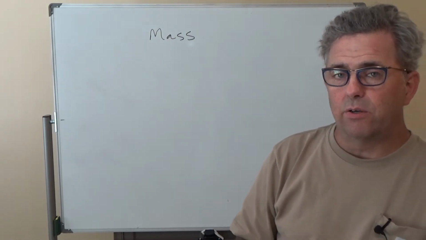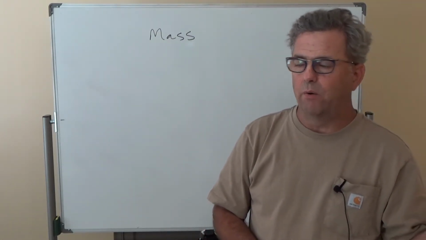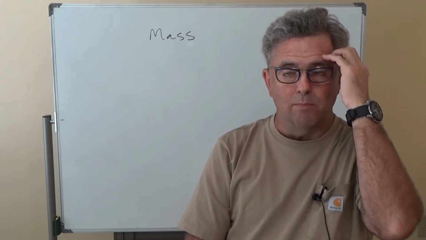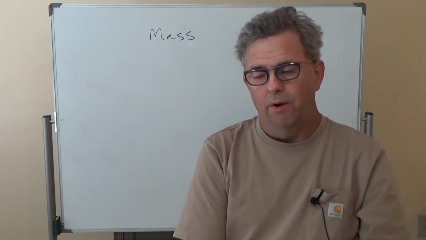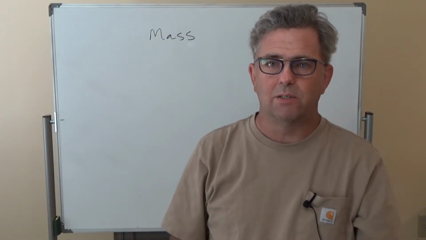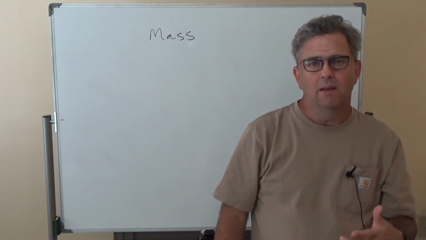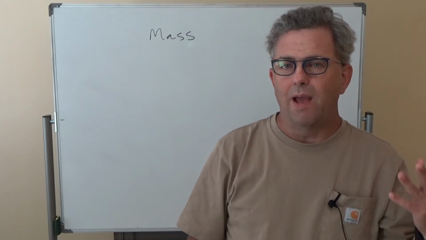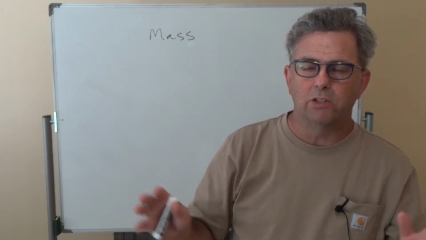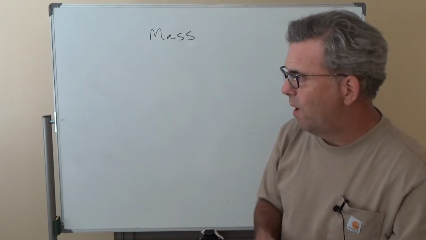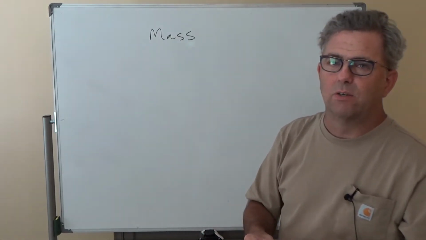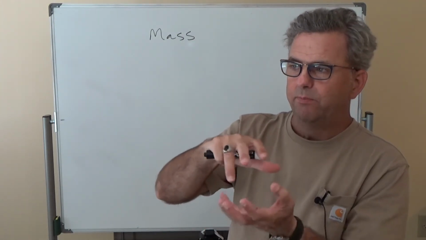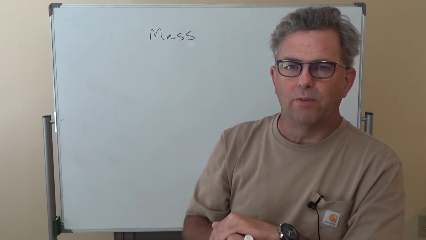For many, many years, up until just a couple of years ago, mass was based on the standard kilogram, which was a platinum iridium cylinder kept in Paris, France. NIST, the National Institute of Standards and Technology, now has a way, which I haven't looked into very much, to produce a standard mass without having an object that you have to get your hands on to compare things to.